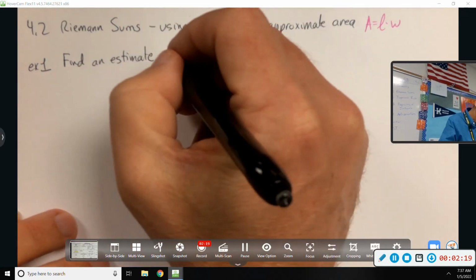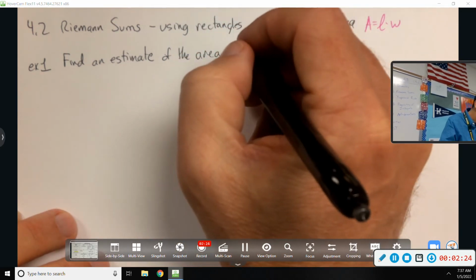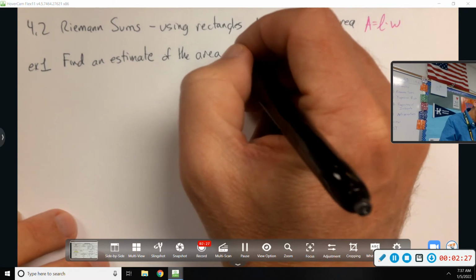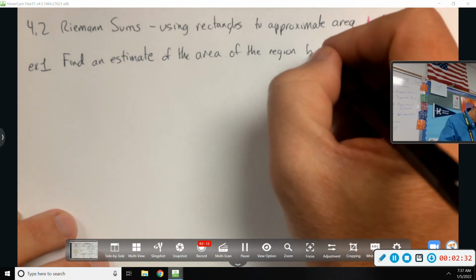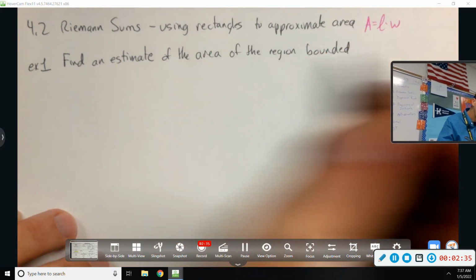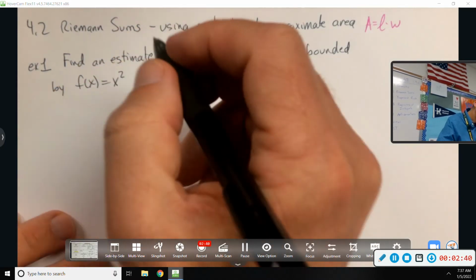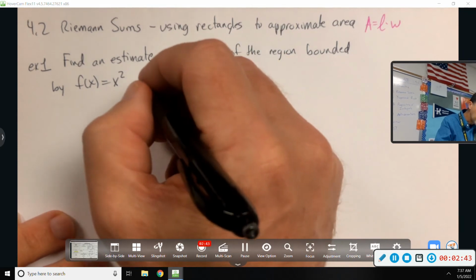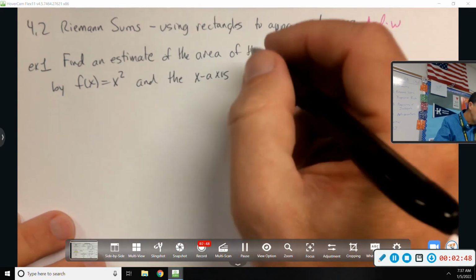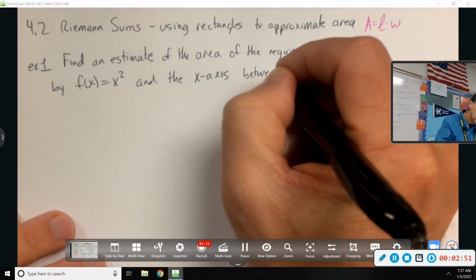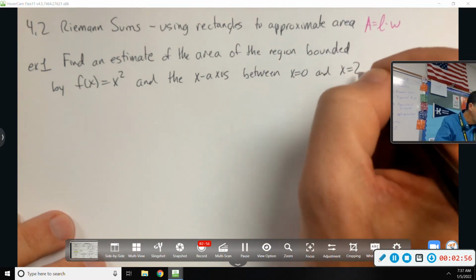Find an estimate of the area of the region bounded by f of x equals x squared and the x-axis between x equals 0 and x equals 2.